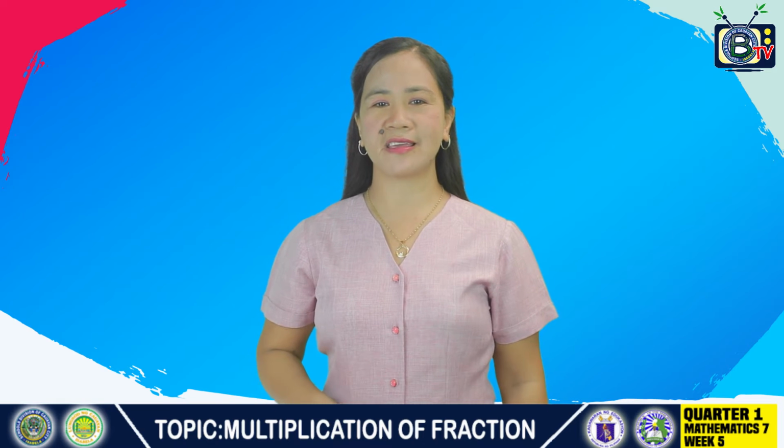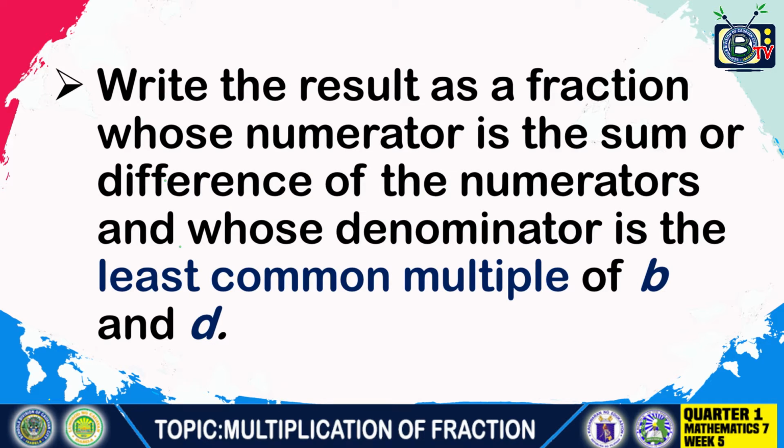Then lastly, write the result as a fraction whose numerator is the sum or difference of the numerators and whose denominator is the least common multiple of B and D.